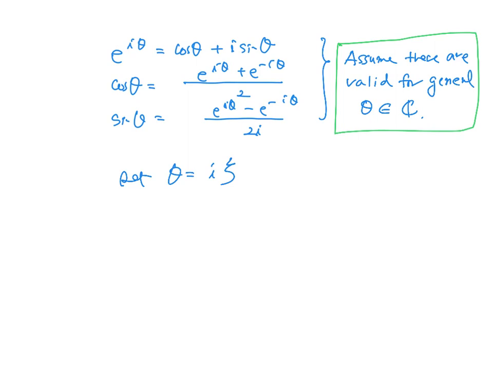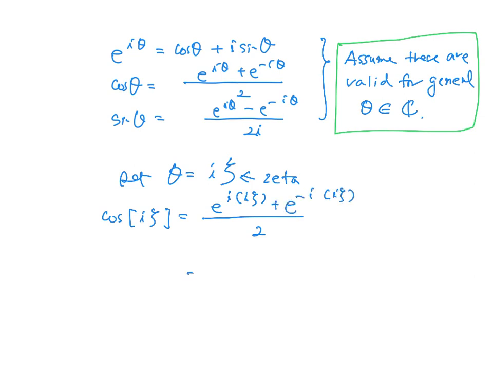Then cosine I zeta is exponential I times I zeta plus exponential minus I times I zeta over 2, which is exponential minus zeta plus exponential zeta over 2. I times I is minus, and minus I times I is plus.